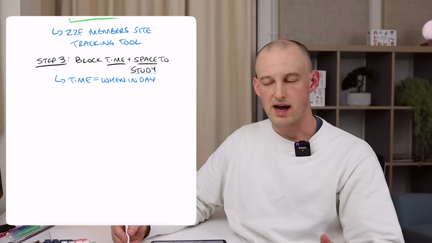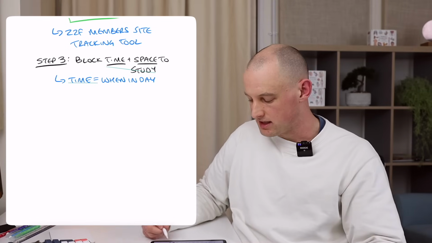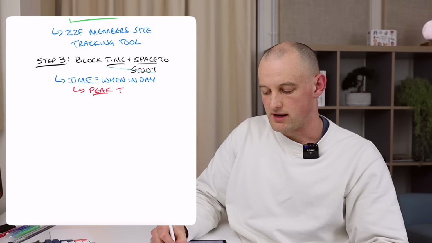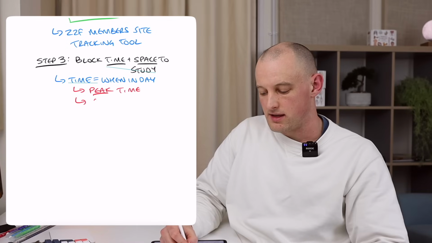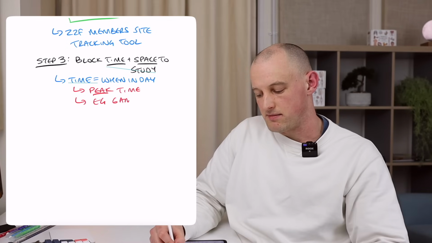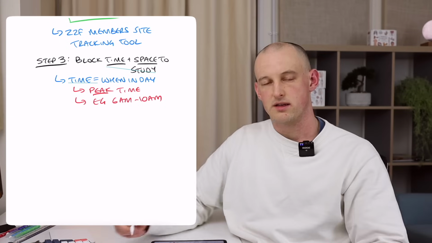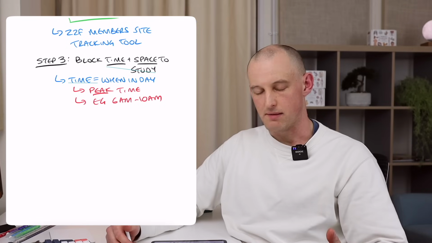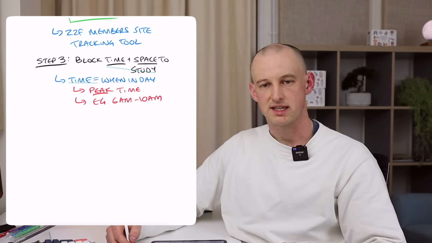I would pick the peak time of day, so choose your peak time. For me, that is 6 a.m. to 10 a.m. I'm very much a morning person. I like getting up really early, blocking time in the morning and using that time to study.